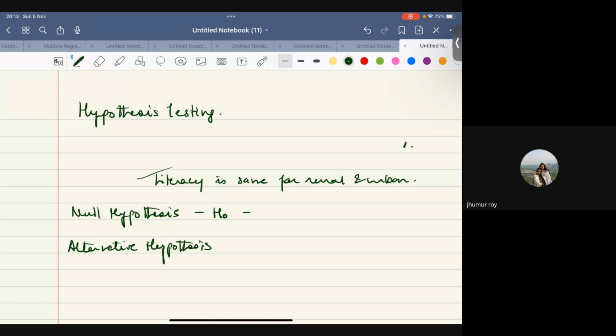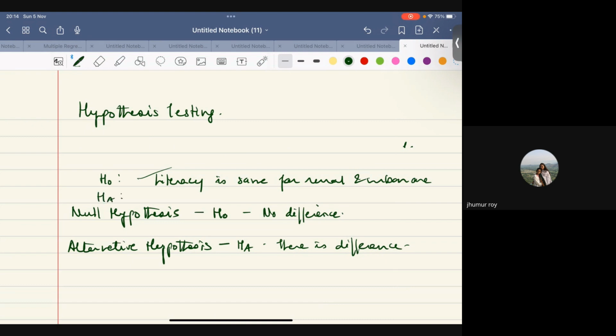So when we say that there is no difference, we are talking about the null hypothesis, whereas the second is called the alternative hypothesis. There you will write there is a difference. So what will we write? Literacy is the same for rural and urban areas. Okay. This is your null hypothesis.